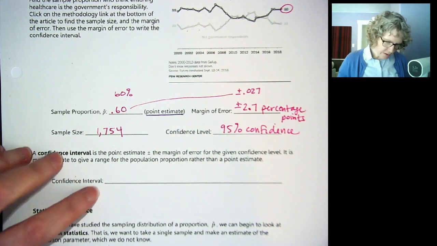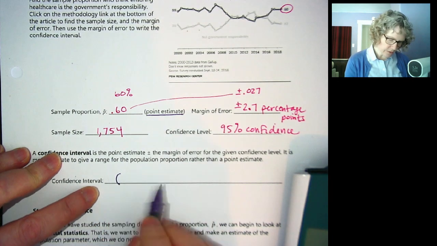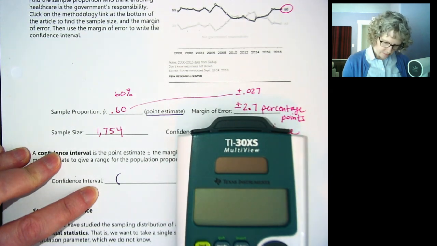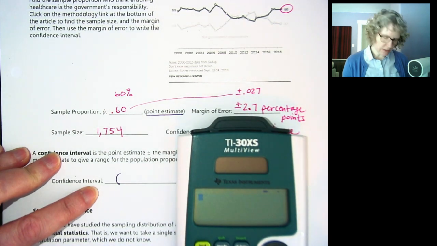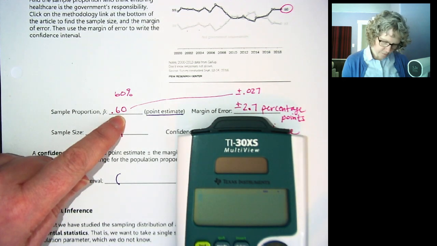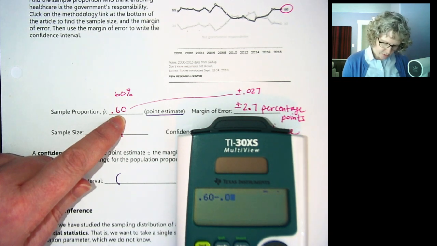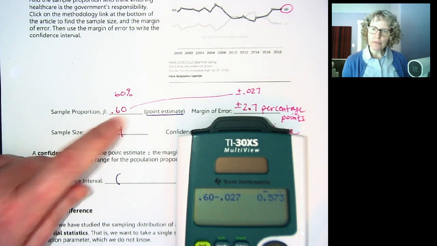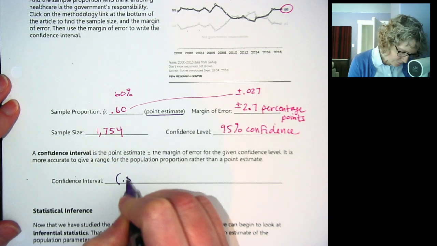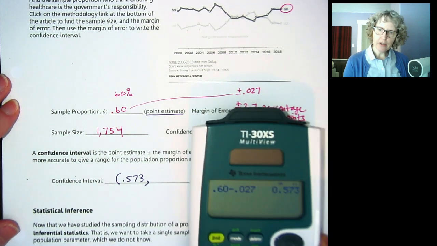Okay, so let's do it. We usually use parentheses, and we put the smaller value and then the larger value. So I'm going to put in, I'll do it in the decimal form, 0.60 minus 0.027, and that's 0.573. And then we put a comma, and then we put the upper value.